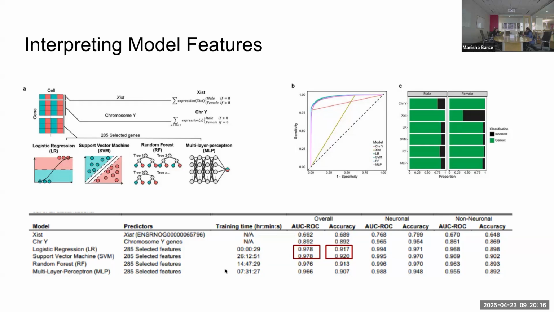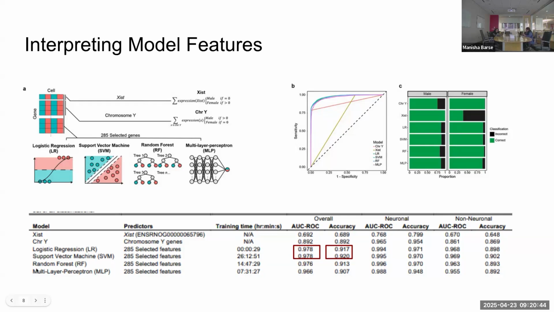If we look at the table below, logistic regression and the SVM have the highest AUC of 0.978, and accuracy of 0.97 and 0.92. So these 2 models outperformed all the 6.